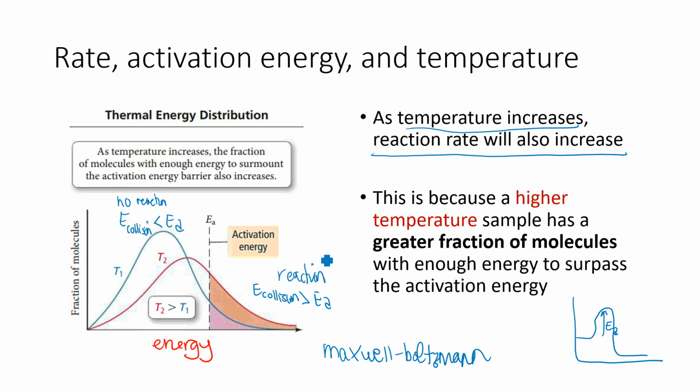And so you notice what happens is when we increase the temperature of our sample, that would be like the red line right here, you see how we have a much greater fraction of your molecules that have enough energy to surpass the activation energy. So if you look at your blue sample, it looks like maybe only 10% of your molecules are over here on the right, have enough energy. But in your red sample, maybe it's more like 30% of your molecules have enough energy to react.